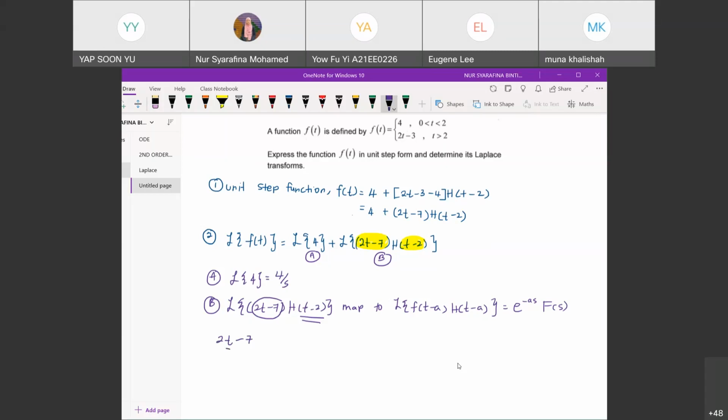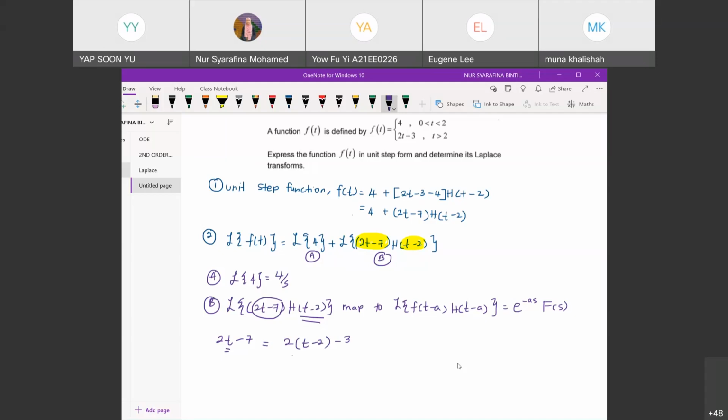If you substitute this t with t minus 2, then what value should we add to make sure we remain with 2t minus 7? So 2t is 2t, 2 minus 2 is minus 4. So we have to put minus 3, so that if we expand this, we didn't change the original value of the function.